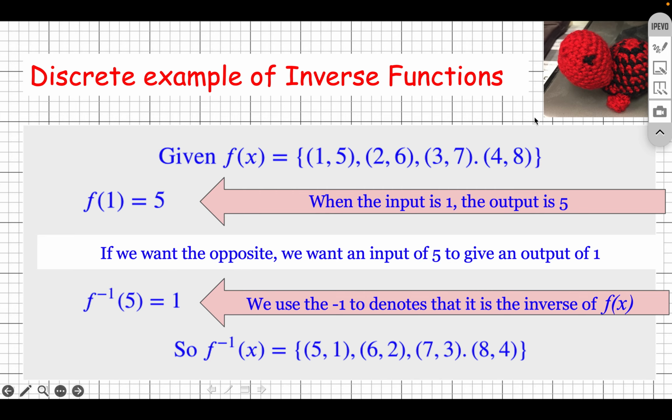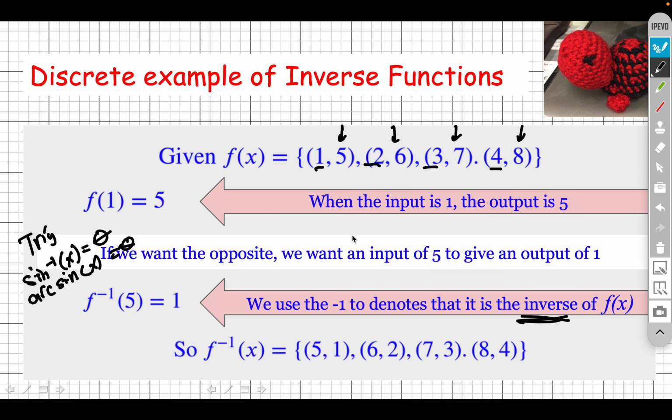And that's the big idea we're doing here: we're going to switch input and output, because the input here becomes the output down here, and the output here is the input, and that's why we get that one undoes the other.